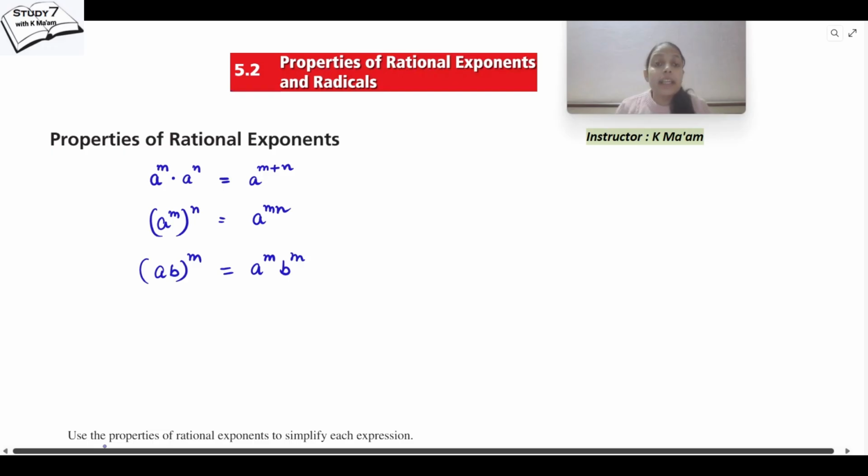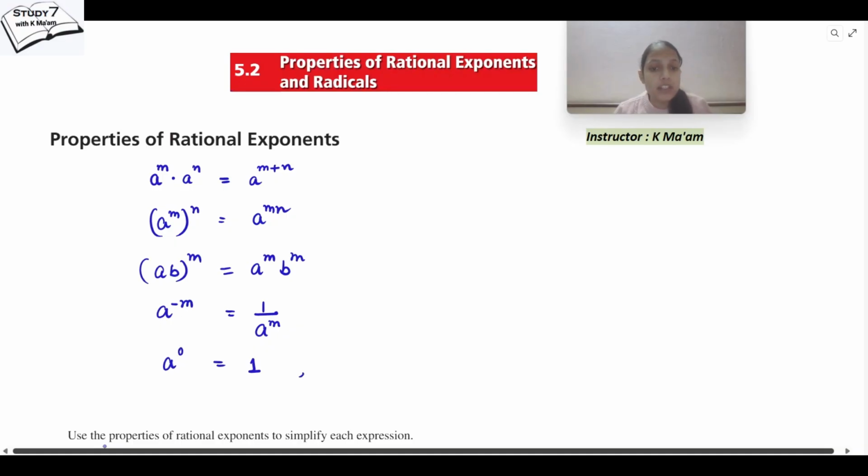Negative exponent. In the negative exponent, if you have something to the power negative, this can be written as 1 over that term to the power in positive form, because we shift it. Next is the zero exponent. Something to the power 0 is 1.